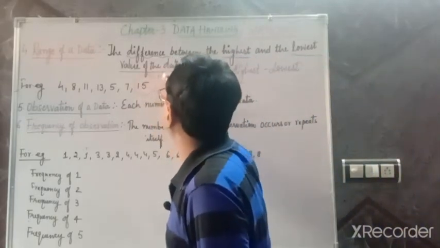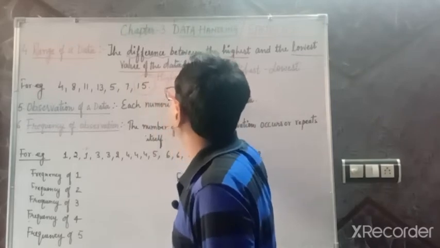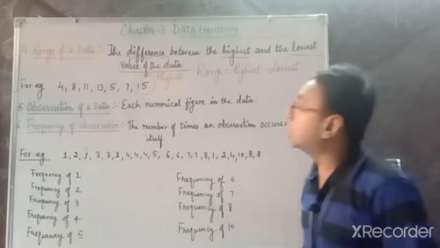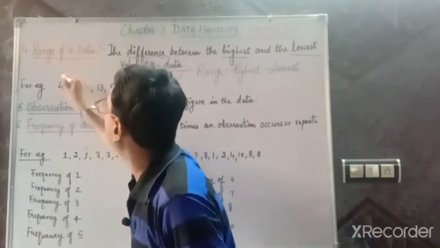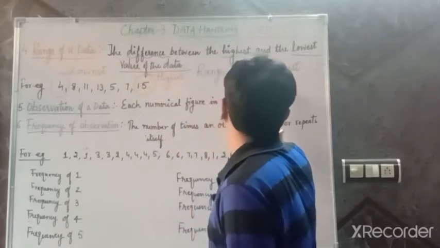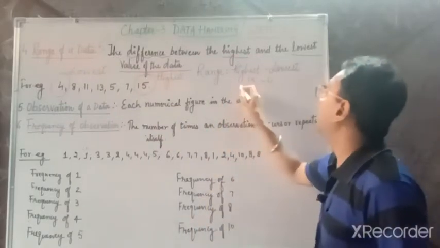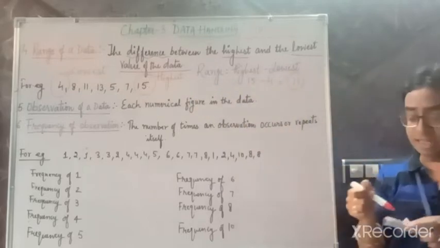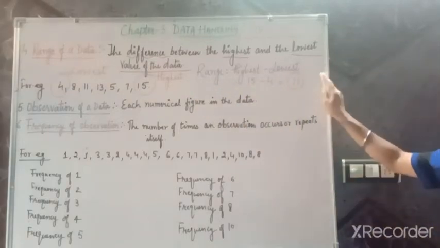Yes or no? 15 is the highest value. Which is the lowest value? Lowest is 4. So 15 minus 4. What is the answer? The answer is 11. So the range of the given data is 11.